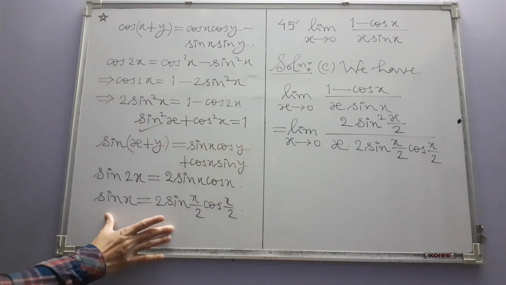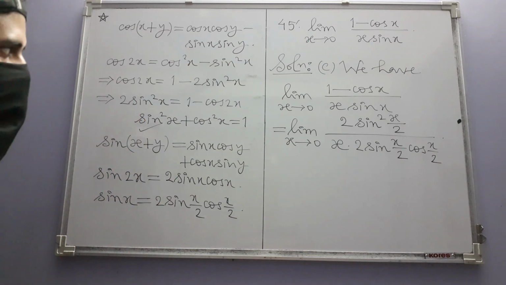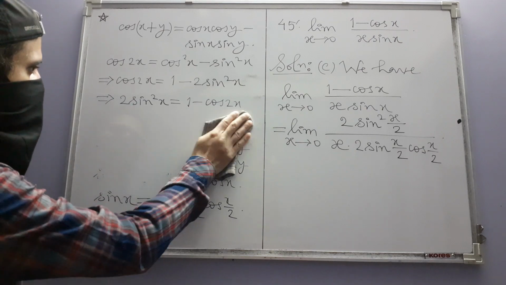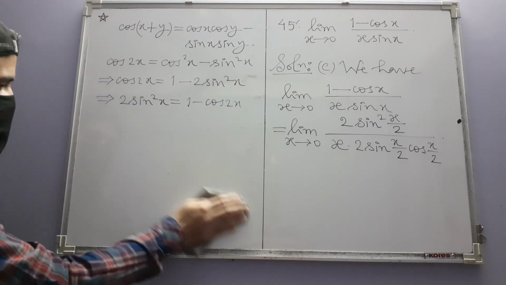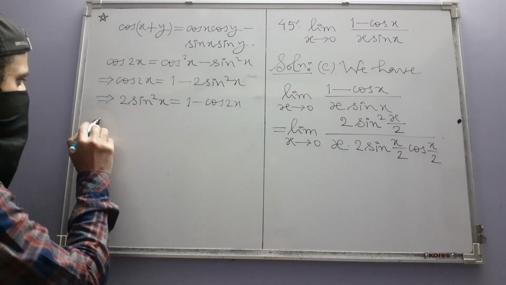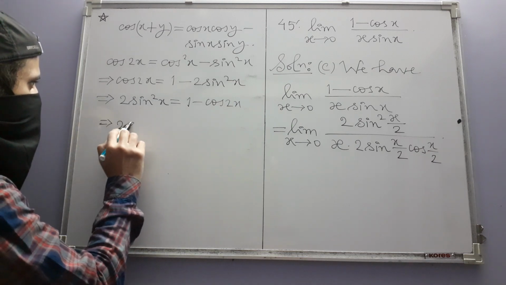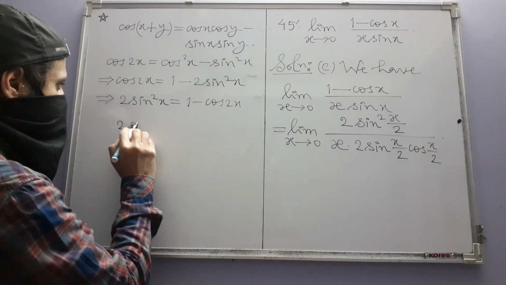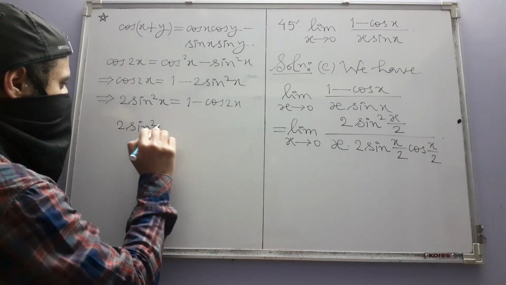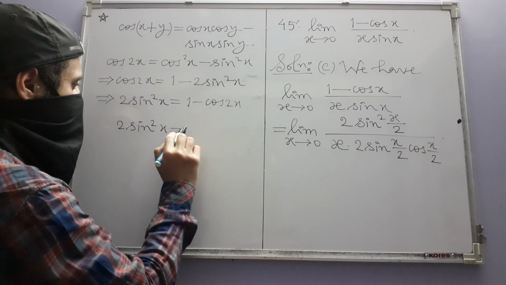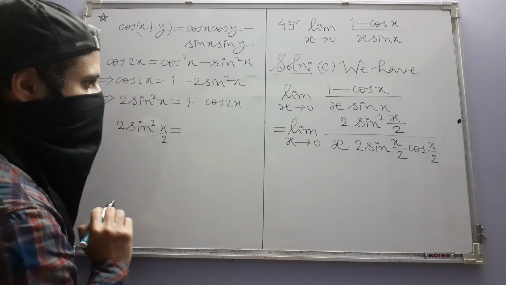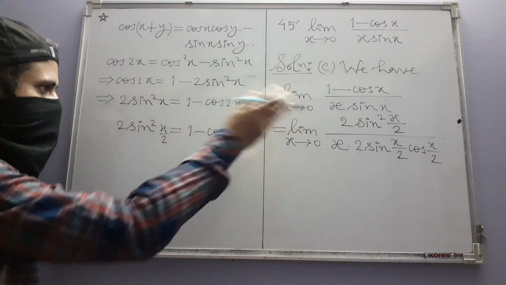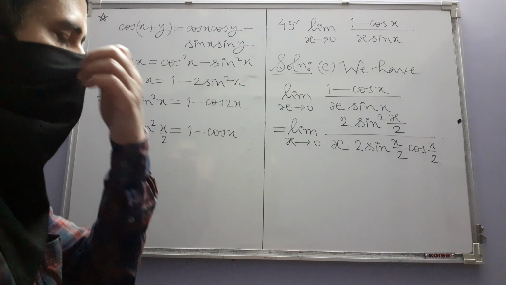And just like here, if you replace x with x over 2, then you get this. So that's how we are getting the numerator.